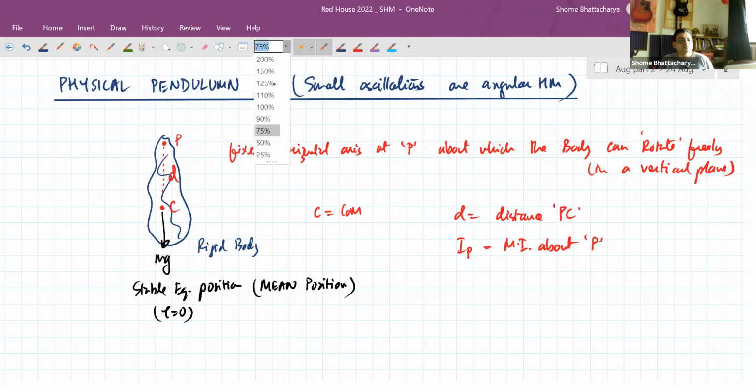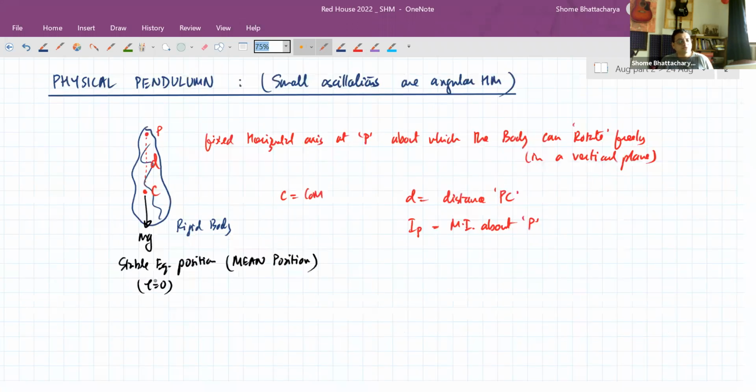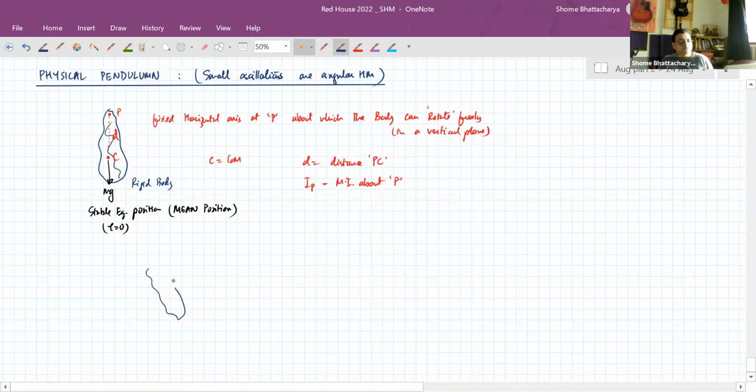Now when we take the system from this initial mean position to a position like this, where now with respect to the original vertical line along which the center of mass was lying, we brought the body to a position where the center of mass joined to that axle P is now at an angular displacement of theta.